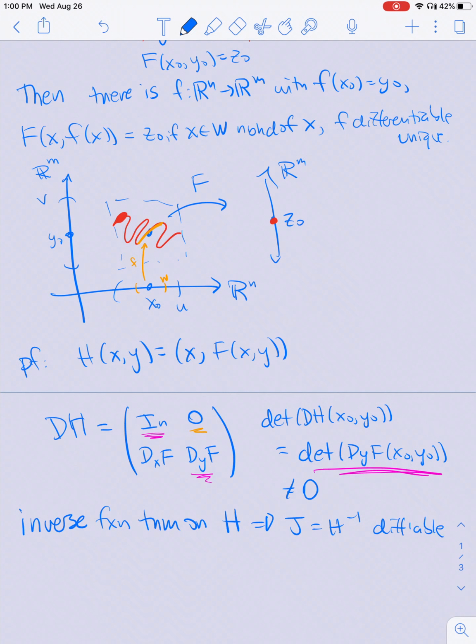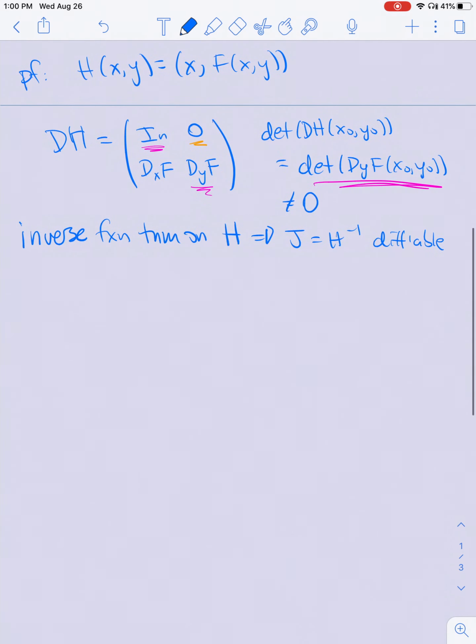And j is, moreover, notice that because j of x, f of x, y has to equal just x, y, j also has to send the first n coordinates to the first n coordinates.